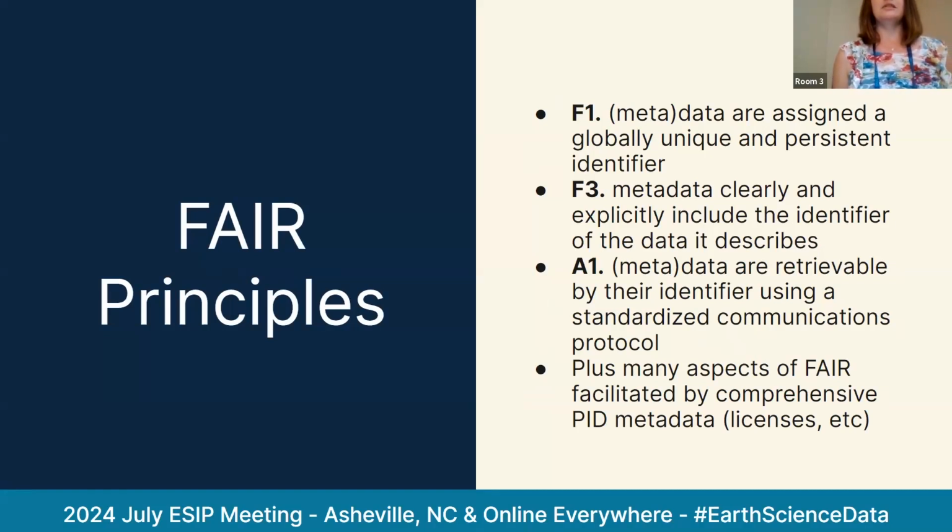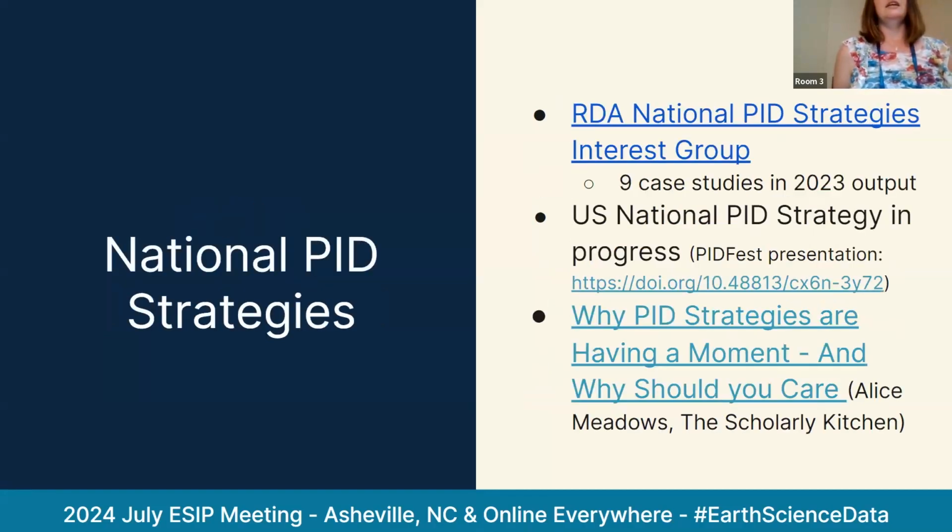I've pulled out just some of the aspects of FAIR where the persistent identifiers are crucial, but there's many aspects of FAIR where the persistent identifiers help facilitate parts of it, like the license metadata and whatnot. So PIDs are essential here. And then we see over the last few years, proliferation of national PID strategies.